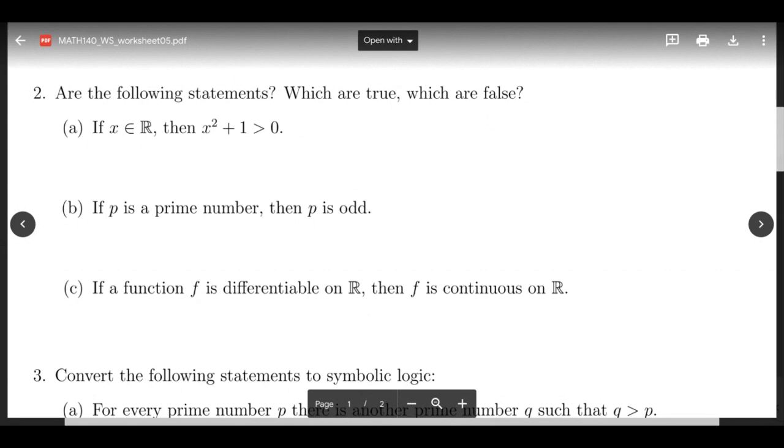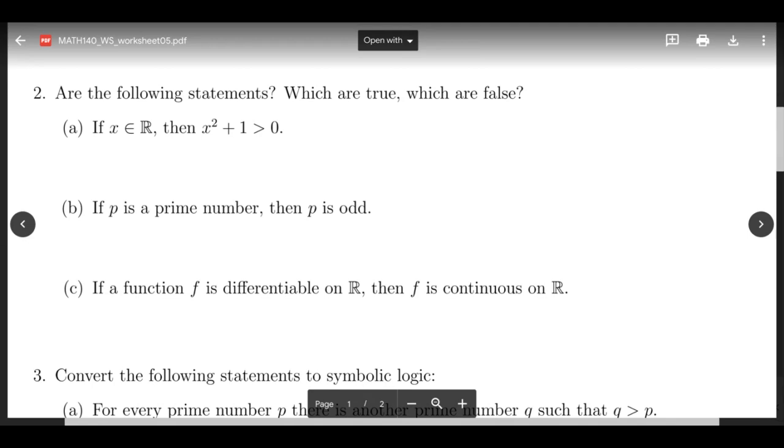Like Michael's A, B, C: A is true, B is false, C is true. Oh, how do we know if it's true? Aidan is asking, right. Jaya, you also only wrote true. Which one is true? You mean 2A?